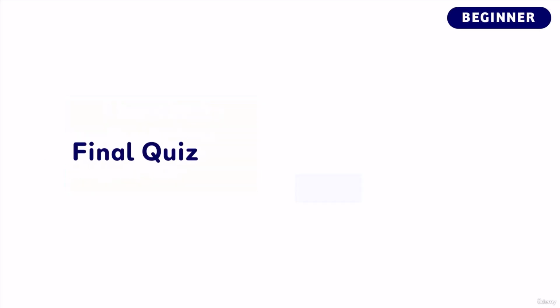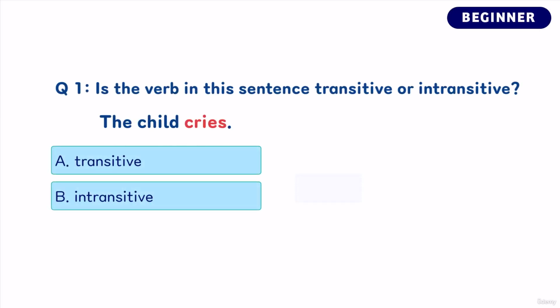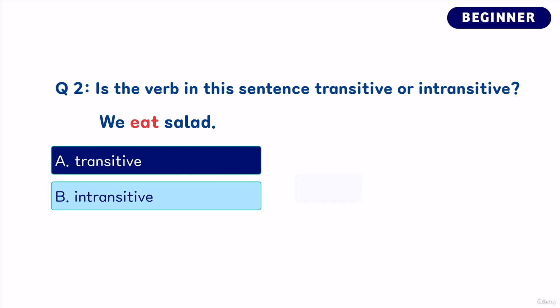Let's now do a quiz to check your understanding of what we have learned. Is the verb in this sentence transitive or intransitive? Intransitive. Is the verb in this sentence transitive or intransitive? Transitive.